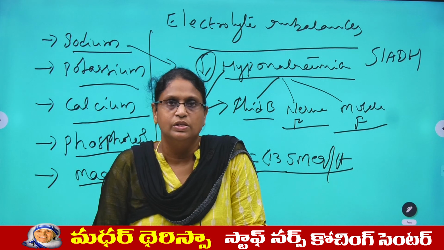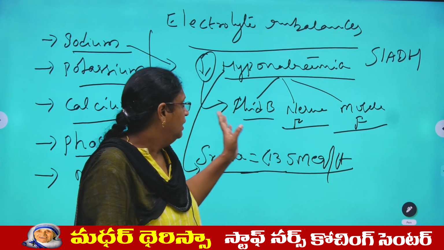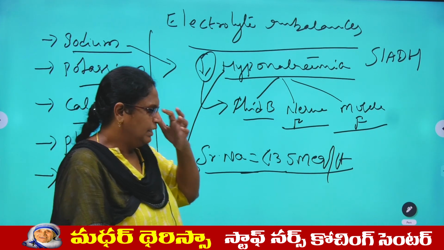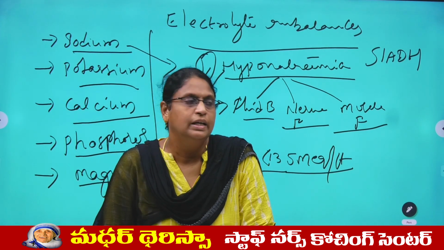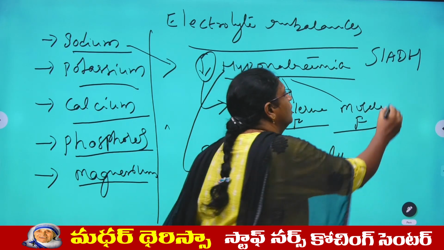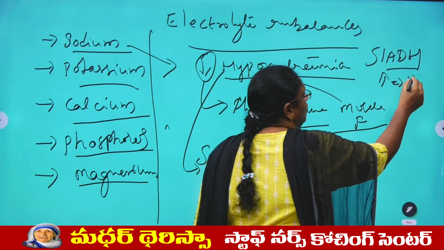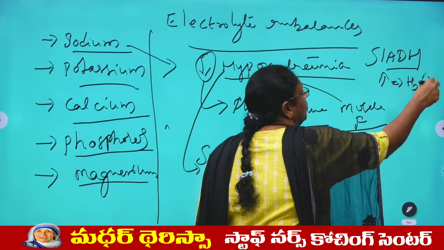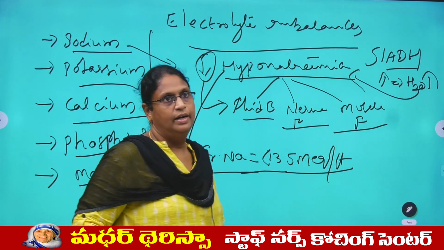Here excessive release of antidiuretic hormone is observed. Because of that, water retention increases in the body, which causes the sodium level to be reduced.